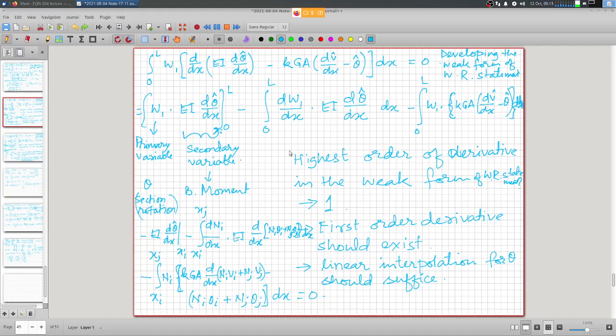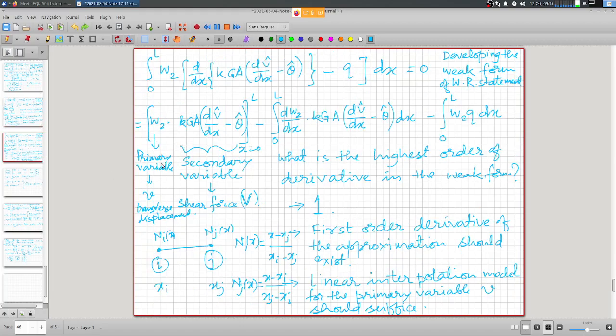So a first order derivative should exist, and that means linear interpolation should be an adequate approximation, right, to begin with. So this is the weak form that we developed for the primary variable as a section rotation. The second equation leads to another weak form, that is in terms of transverse displacement as the primary variable.